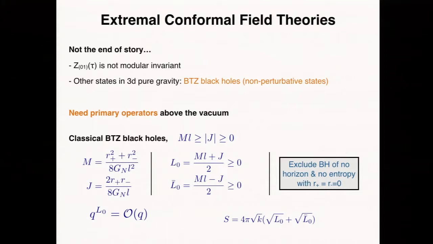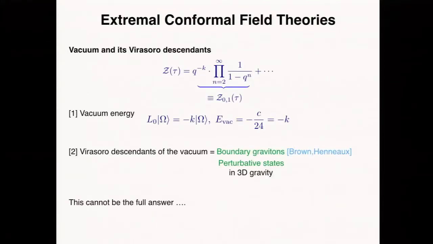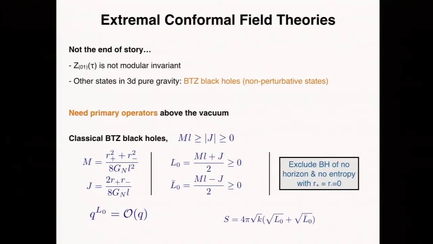But as we know, that's not the end of the story. The vacuum Virasoro descendants don't give you a partition function that is invariant under modular transformation. As we said before, there are other states in 3D gravity, which are BTZ black holes, and those are non-perturbative states. From a classical point of view, these BTZ black holes have a positive mass, which is bounded by the absolute value of the angular momentum, and the absolute value of the angular momentum is non-negative.